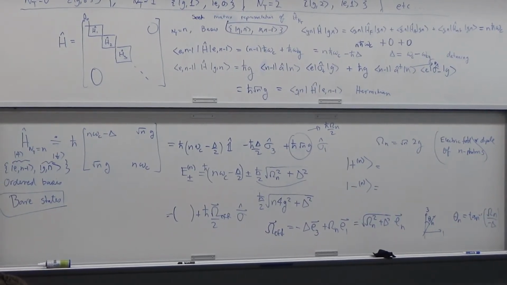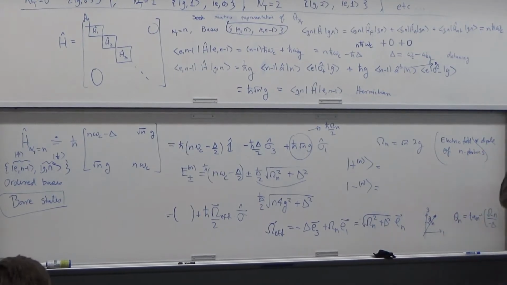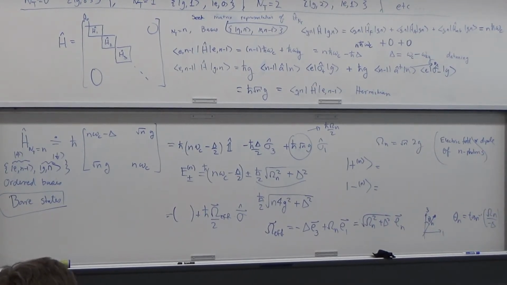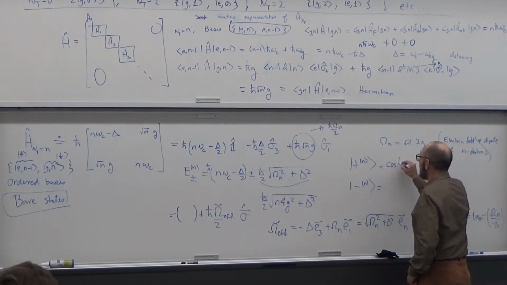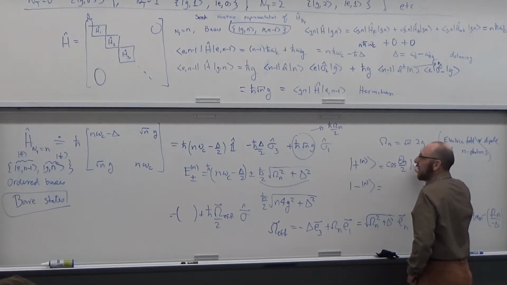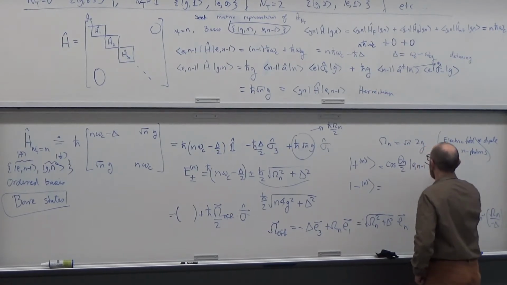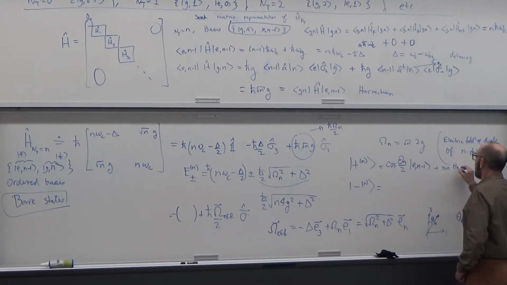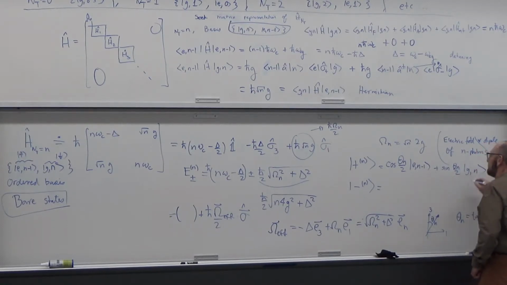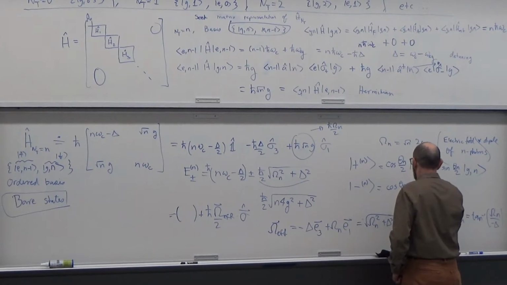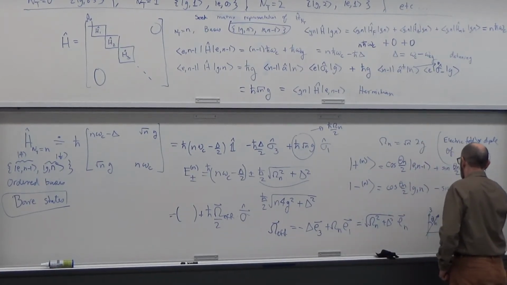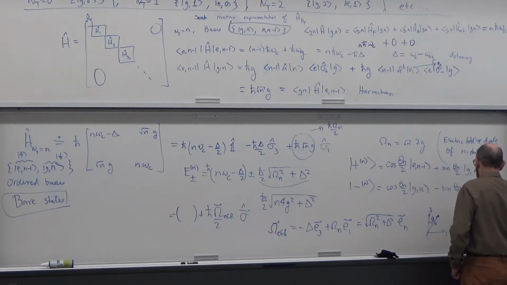Right? It's got some direction in this horribly abstract space that we've just created for ourselves. And so this has cosine of theta sub n over 2 spin up, and spin up here is that, plus sine spin down, which is that. And it has a superposition like that.